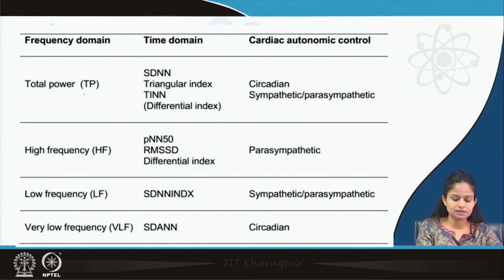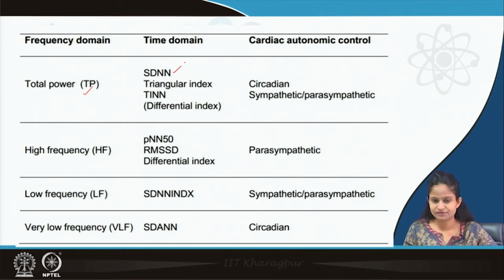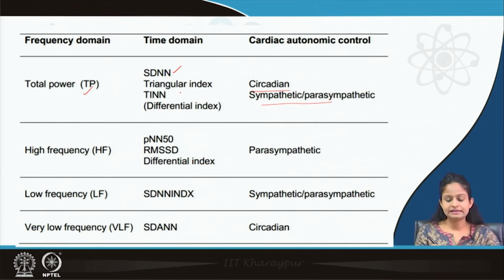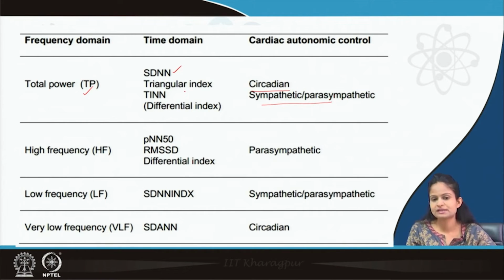So total power, as I had already told you, usually coincides with the SDNN of the time domain, and this usually reflects the total autonomic activity, that is circadian as well as sympathetic and parasympathetic activity. Now the TINN or triangular index is a geometrical analysis, which is usually obtained from the histogram plots of all the RR intervals, and this HRV triangular index is meant for long-term recording of HRV.